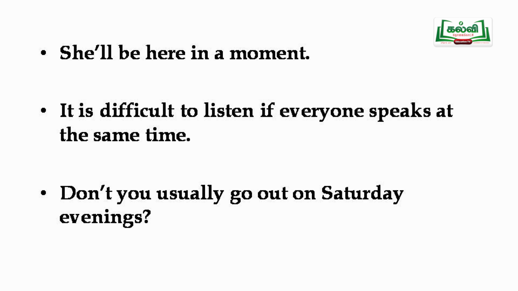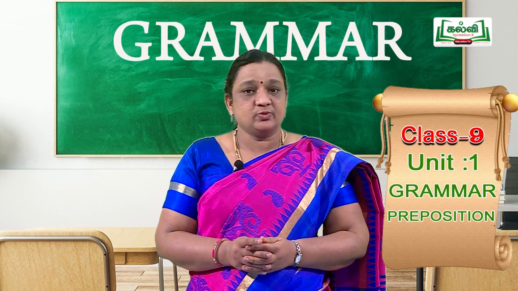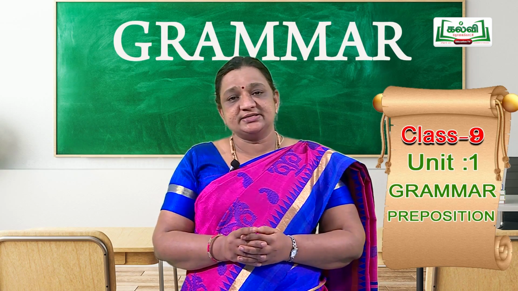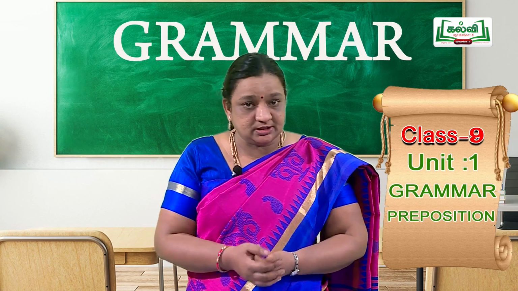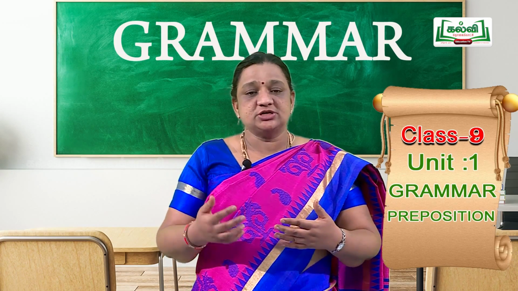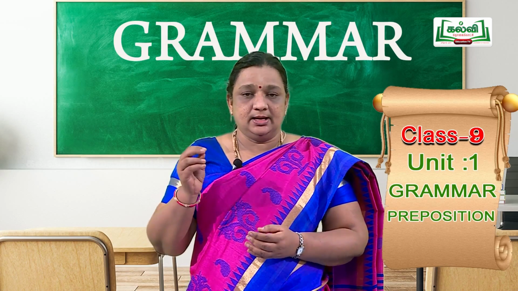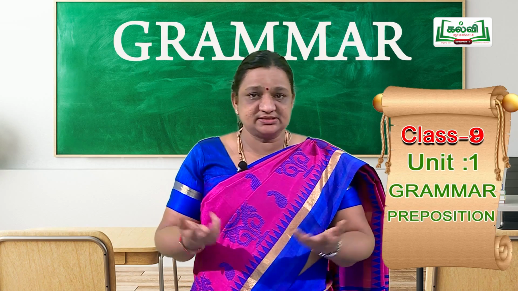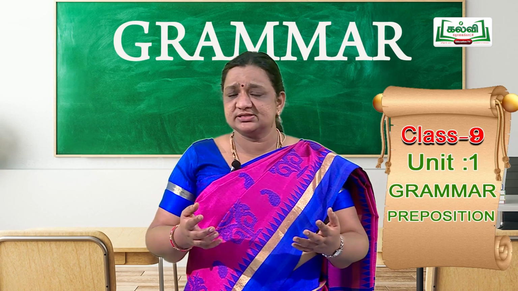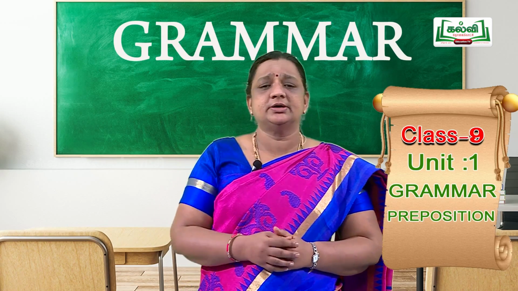Don't you usually go out on Saturday evenings? This sentence is a question and it is asked to somebody. That particular person goes out every Saturday evening, and the other person sees him inside the house and asks, what is this? Don't you usually go out on Saturday evenings? Why are you here?